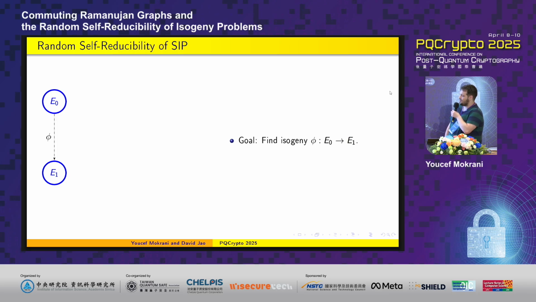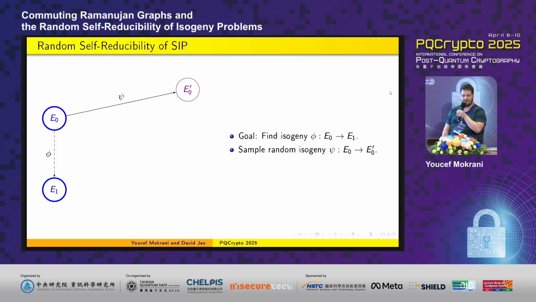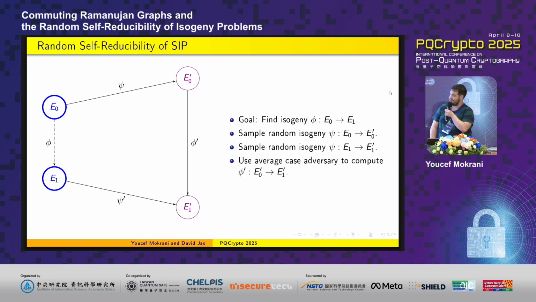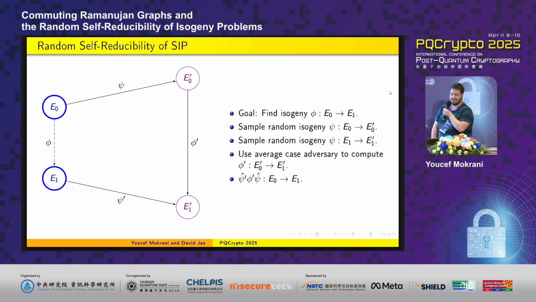All you have to do, if you're able to solve the average case, is sample a random isogeny from E0 to, let's say, E0 prime. You sample a random one from E1 to E1 prime. And now, because of the properties of the supersingular isogeny graph, those are two random elliptic curves. This is the average case, so you can just solve it. And now all you have to do is chain your 3 isogenies, and you now have a solution to every single version of the problem.